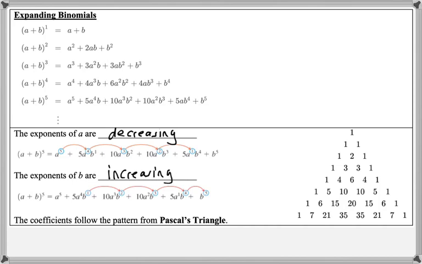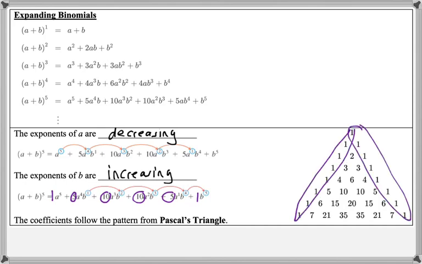Now if we look at the coefficients, so 1, 5, 10, 10, 5, and 1, these actually follow the pattern from Pascal's triangle. So Pascal's triangle is a pattern in mathematics where we have a triangle and the outside of the triangle is all ones.